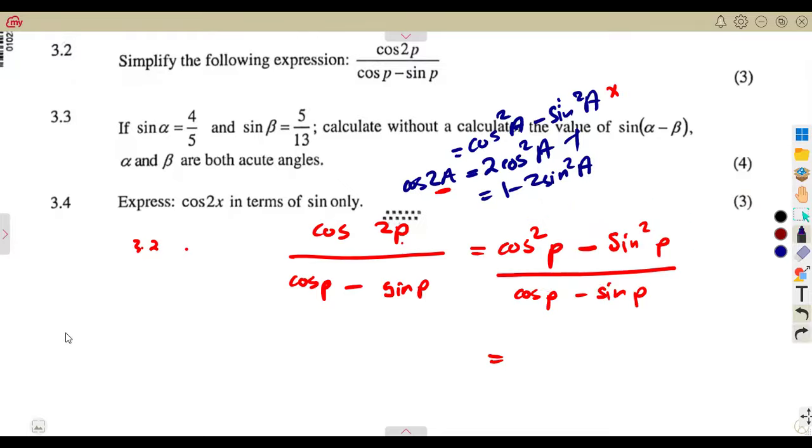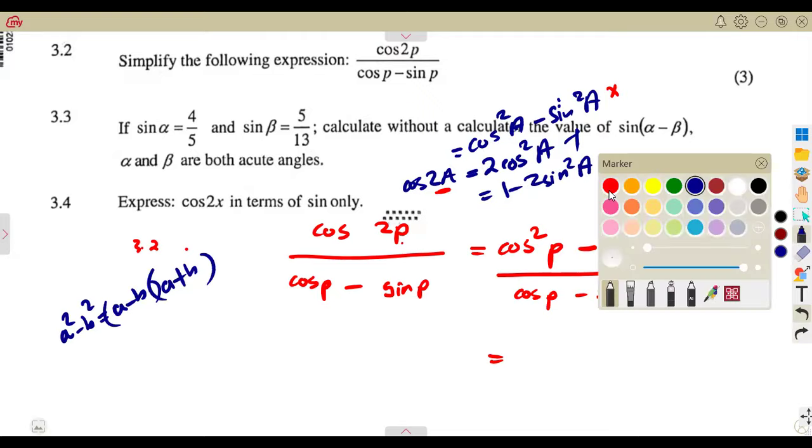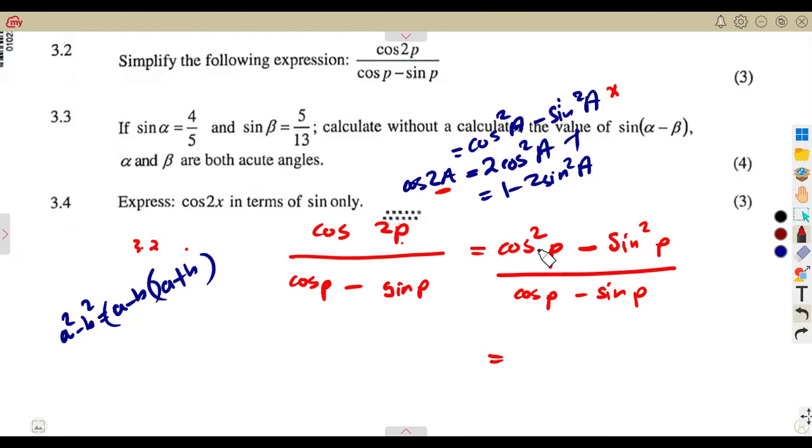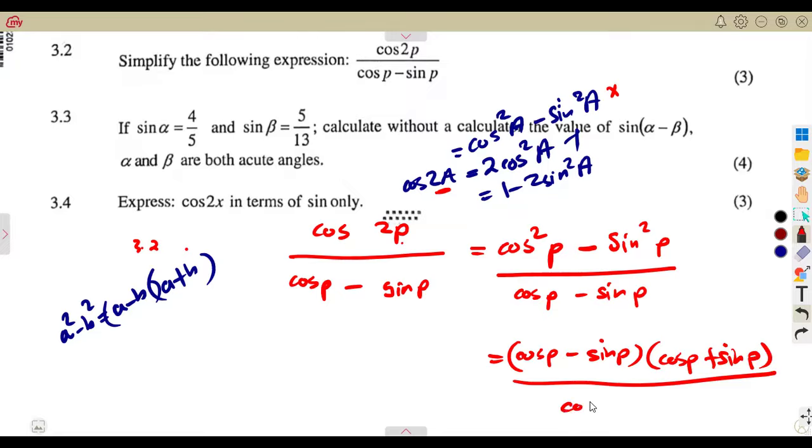If we understand that a squared minus b squared is equal to a minus b into a plus b as a difference of two squares, that's the same thing. The square root of cos squared is cos p, so that was going to be cos p minus the sine of p, another bracket, the cosine of p plus the sine of p, everything over the cos of p minus the sine of p.